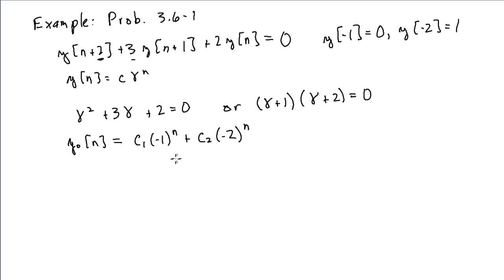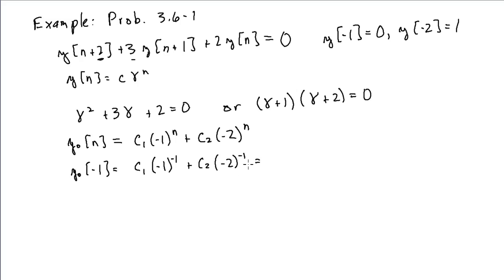Now, to determine C1 and C2, I have to apply my initial conditions. y of minus 1 is equal to 0. Plugging minus 1 into this equation, I get C1 times minus 1 to the minus 1 power plus C2 times minus 2 to the minus 1 power.